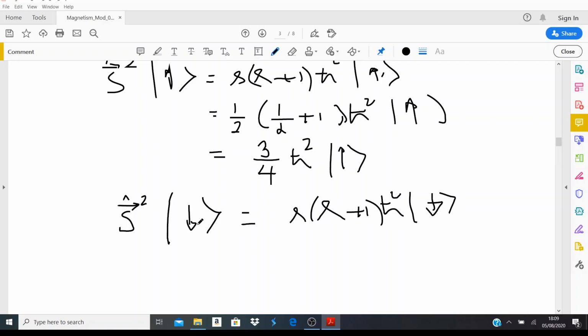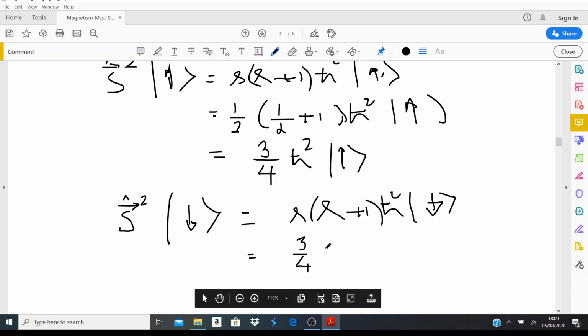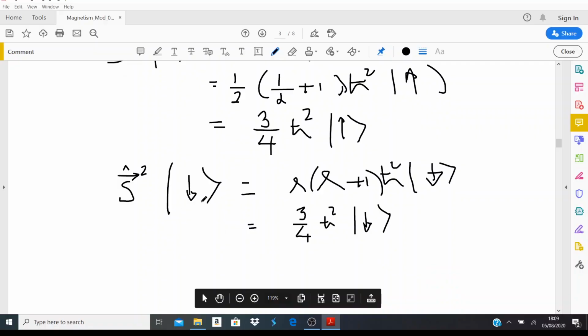The s is always the same, whether it's up or down, so the result is the same, 3/4 h bar squared times the down state. And you remember, this down state has s half and ms minus half. But the ms doesn't appear in the S squared operation, so it doesn't matter which ms we are talking about.